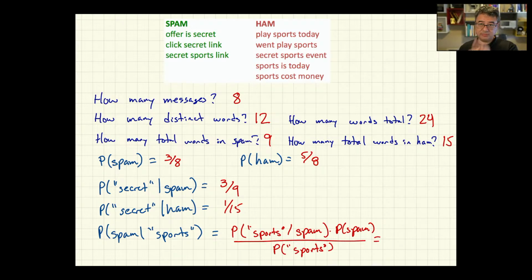Okay, so we've got the probability of the word sports given that the message is spam times the probability of spam over the probability of the word sports appearing. Sports given spam: if we look on the spam side, sports appears 1 out of 9 times. And we already know the probability of spam is 3 out of 8.